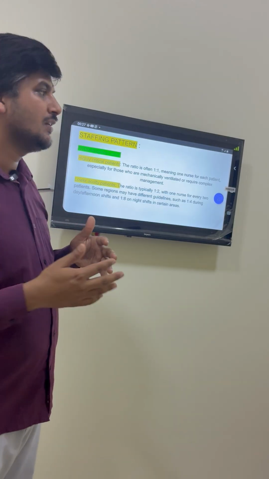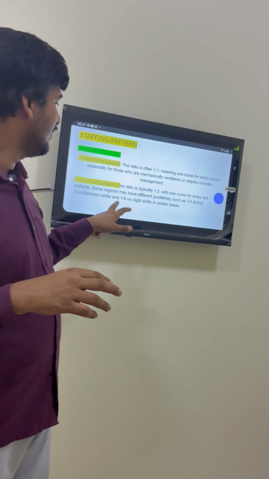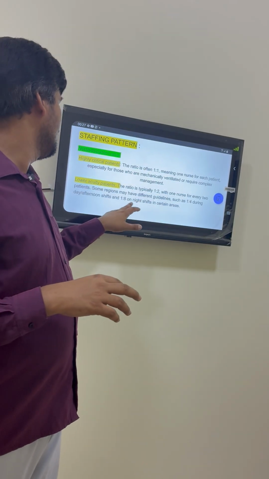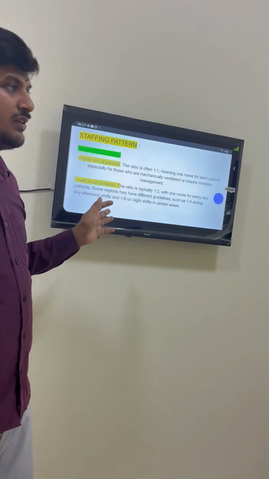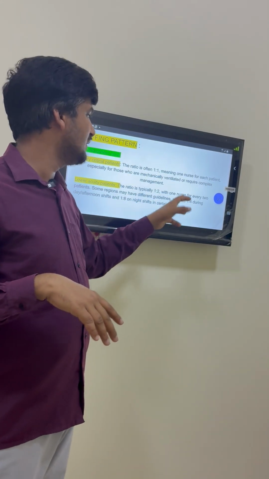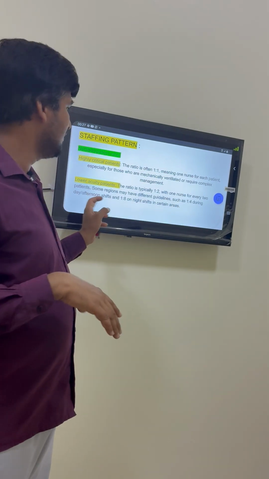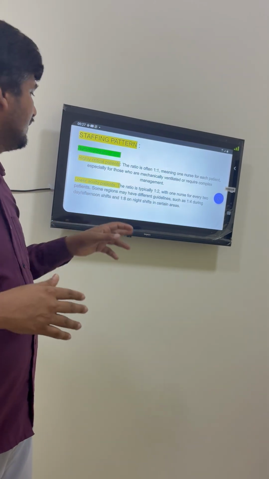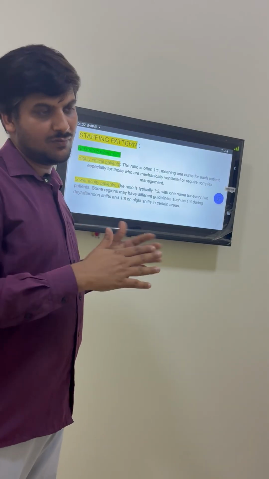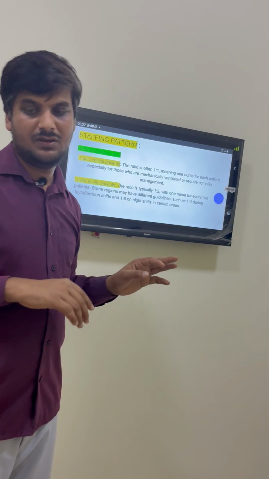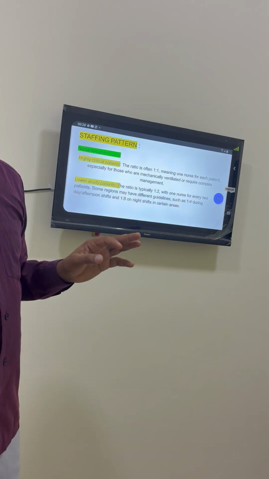That is the concept. Nowadays most hospitals follow this, 1:12, means one staff for a 12-hour shift. And in some hospitals we can see 1:4, means shift changing every 6 hours. And in some hospitals 1:8, means one staff for 8 hours, and then shift changing will be there.